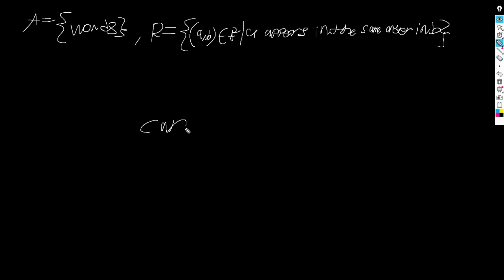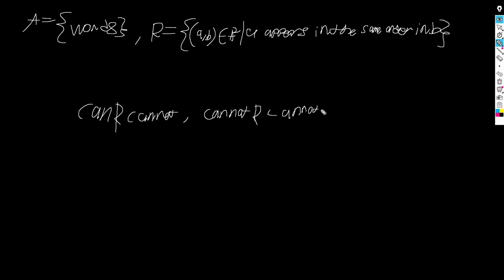Let's do like can. Can is R related to can because can appears in the same order in the word can. And we'll also see that R is transitive because, for example, can is R related to cannot, and cannot is R related to cannots.